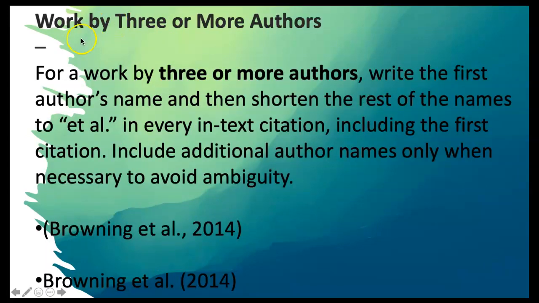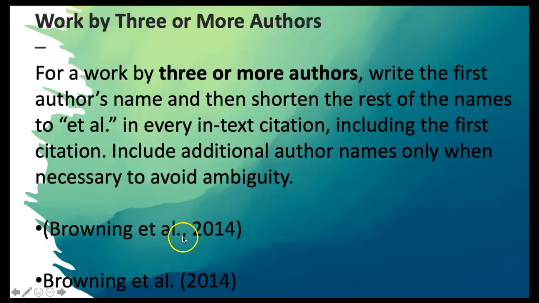When you have a work which has three or more authors, then you would be doing this thing here, which is called et al. You are going to write the name of the first author, no punctuation between them, and then you're writing et al. That means Browning and others.